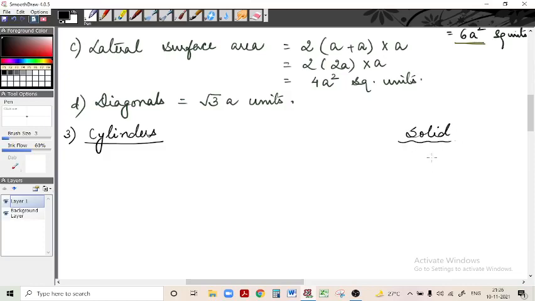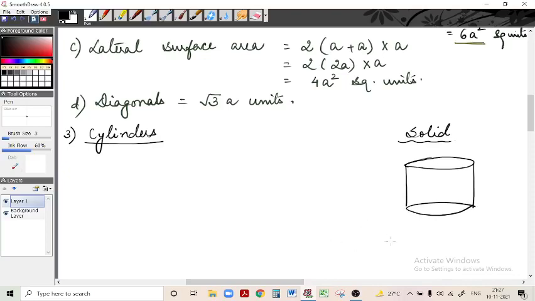Solid cylinder, the shape is like this. It's circular, then long, then again circular.